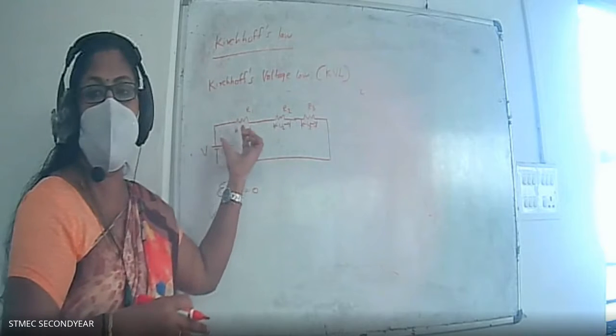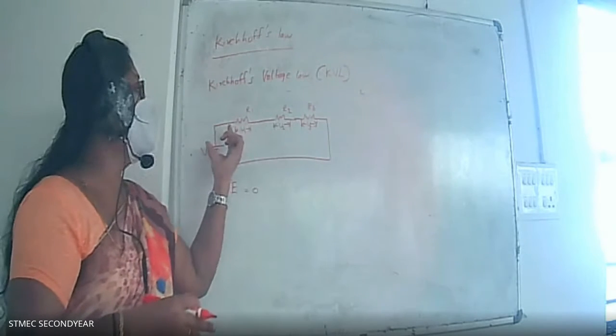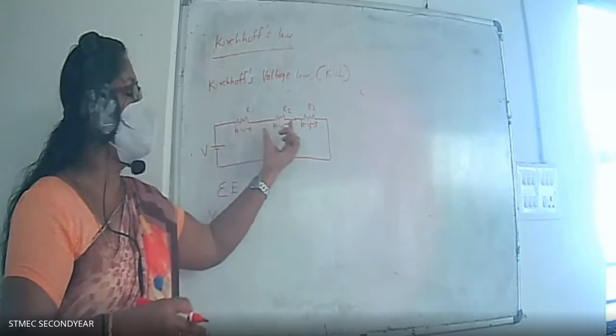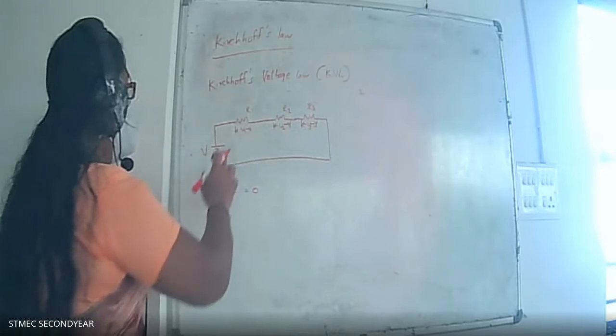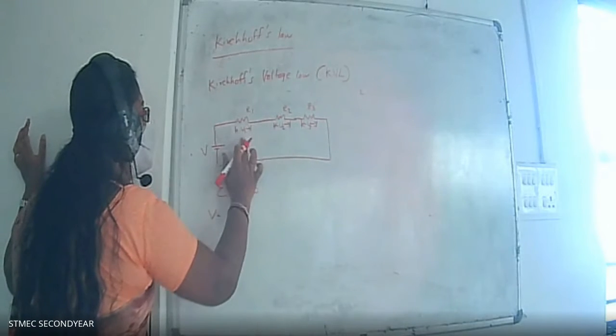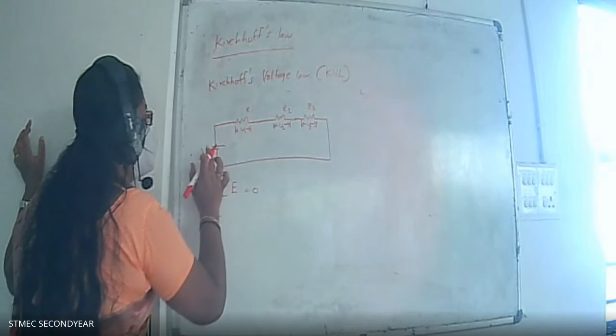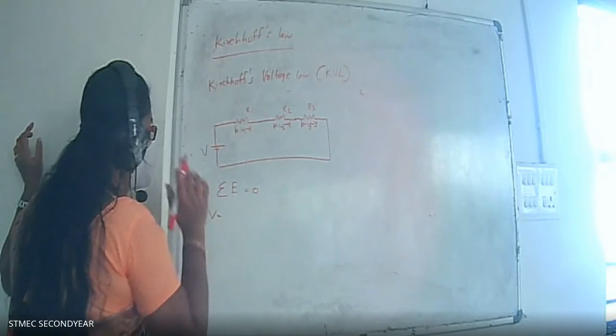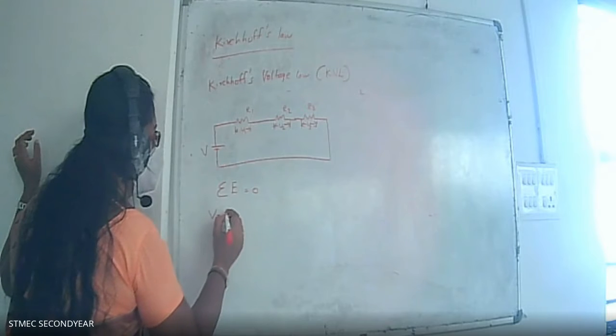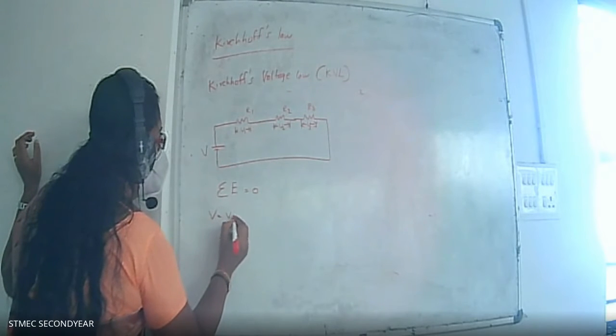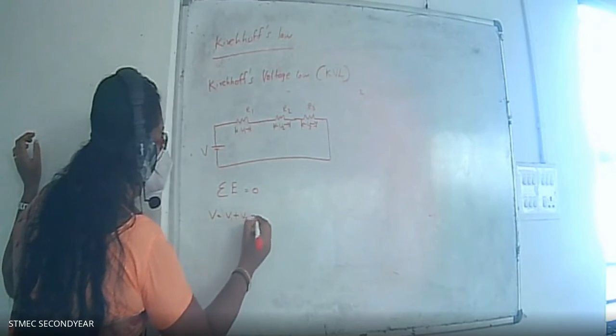You know that in the case of series connection, the voltage drops will be different. So, what is the total voltage drop here? V1 plus V2 plus V3. Here V is the input voltage. So, we can write V equal to V1 plus V2 plus V3.